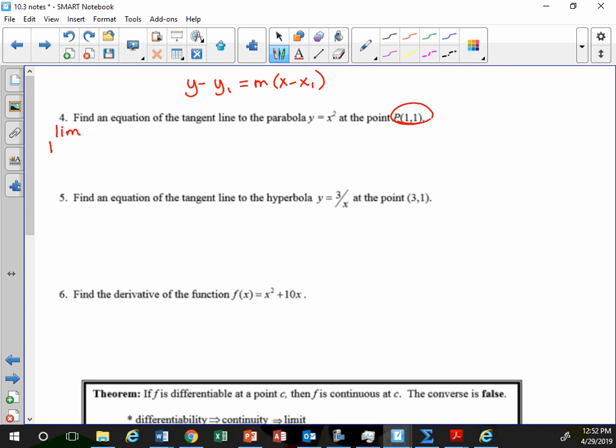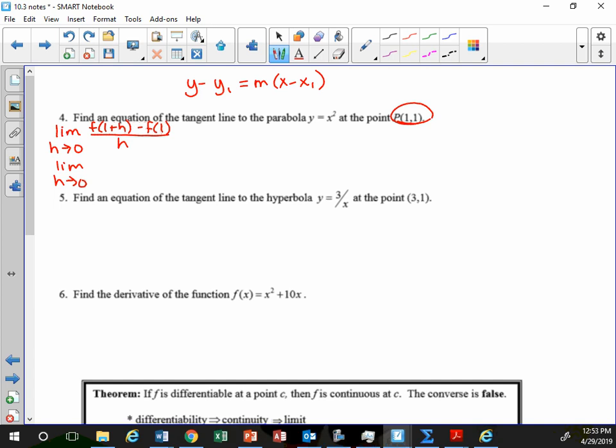Let's do it again. So limit as h approaches 0. And we can go back to doing f of 1 plus h, right? Because I actually have an x value that I'm plugging in. Minus f of 1 over h. What is f of 1 plus h going to equal? 1 plus h quantity squared.